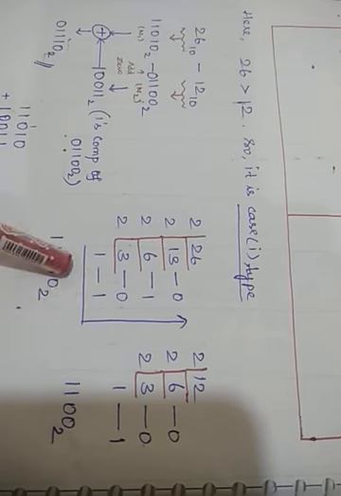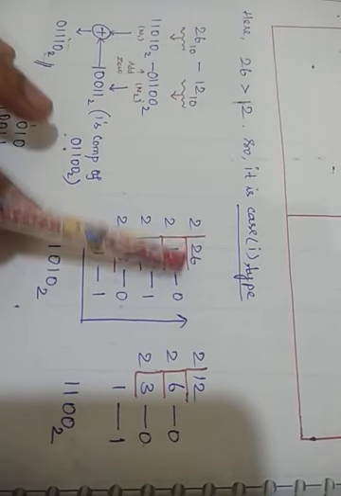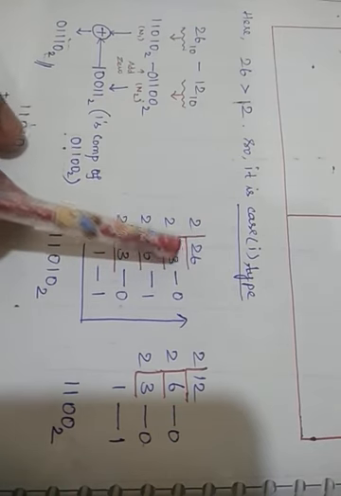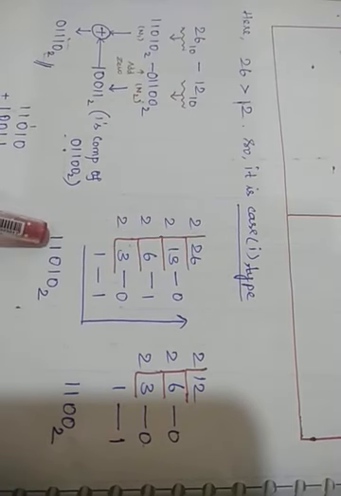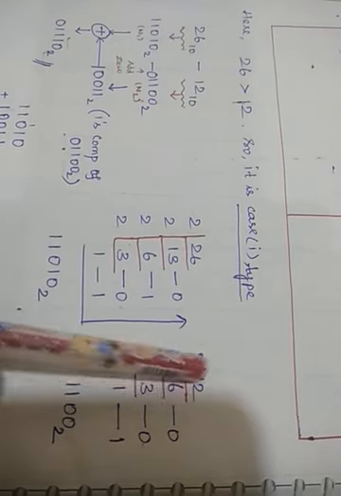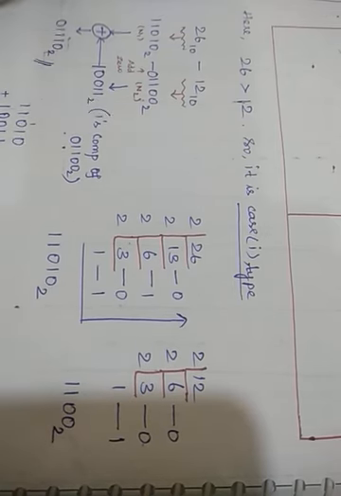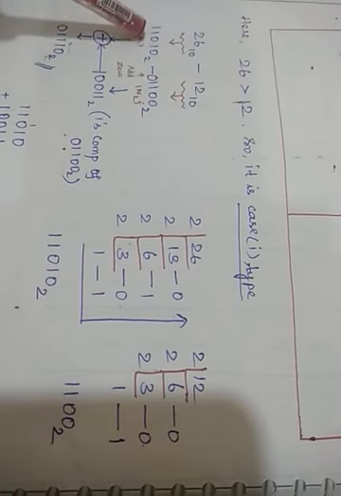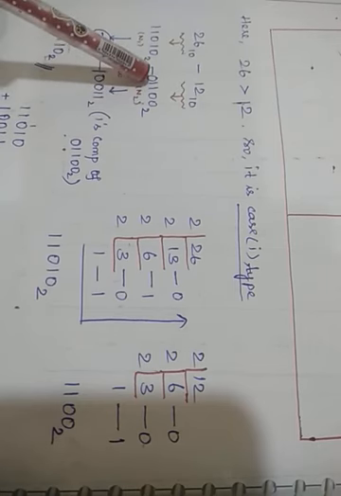This is the method. Because the fraction part is not given, only the integer part, we divide by 2, and I got the binary equivalent 11010 for 26. For 12, dividing by 2 in the same way, we got 1100. So write that value: 11010, 1100, and I add 0 here.